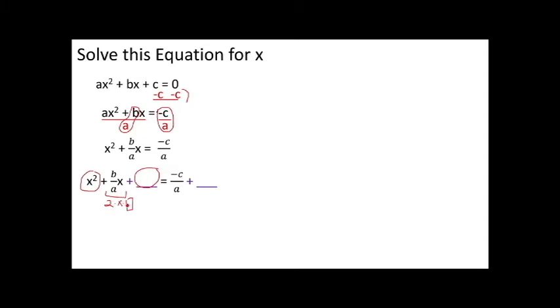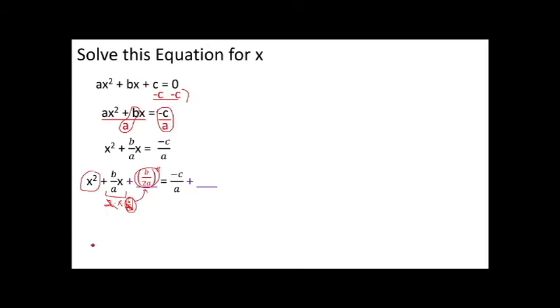That's tough. It's actually b over 2a. And I know that because if I were to multiply these together, the 2's would simplify, leaving me with just the b over a. So b over 2a is what gets squared to go in that blank.